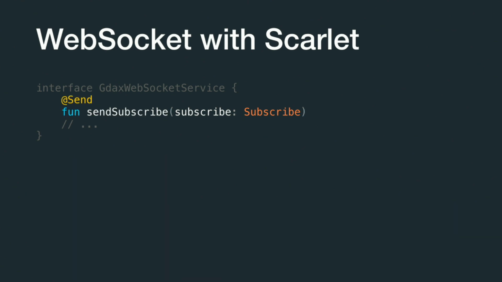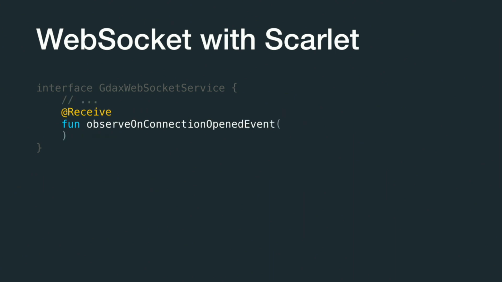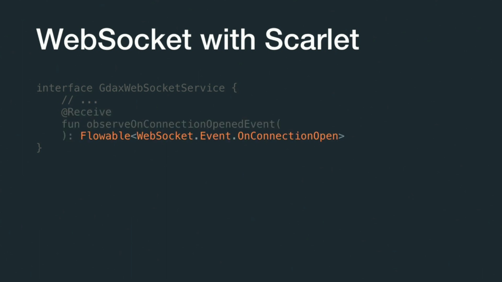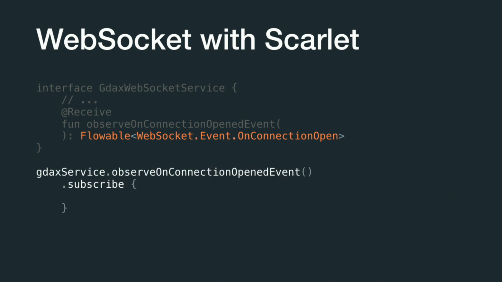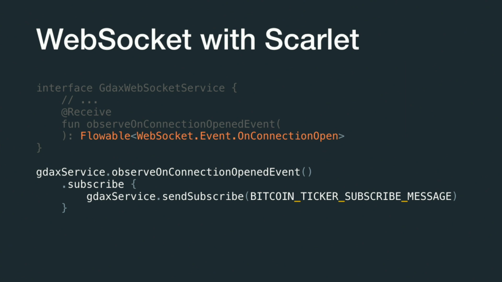We have figured out how to send the message, but we haven't figured out how to send it at the right time. In order to listen to when the connection is opened, we need to declare another method with the receive annotation. This method returns a Flowable of events. We can subscribe to it and send the message right there.